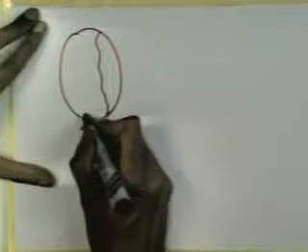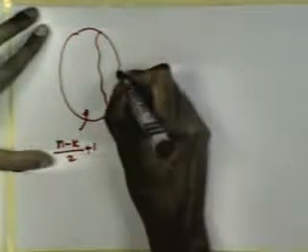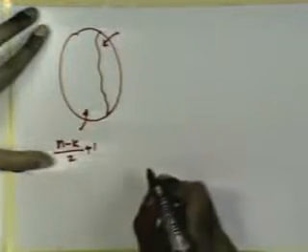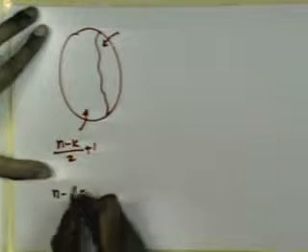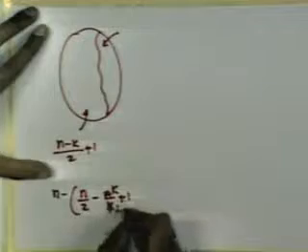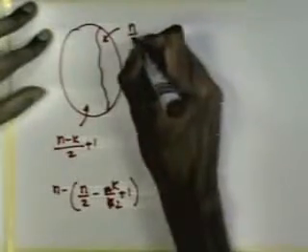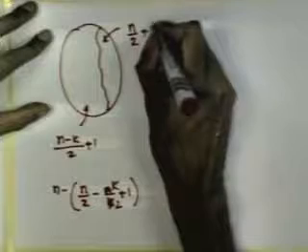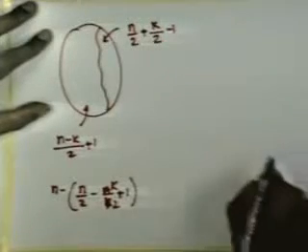So here is G, and here is a subset of size (n minus k) by 2 plus 1.